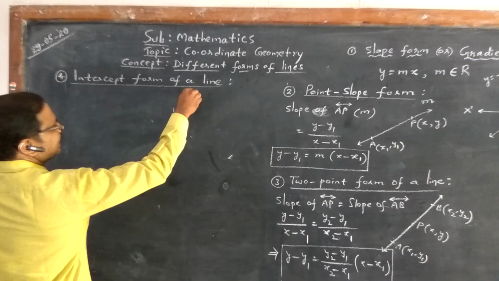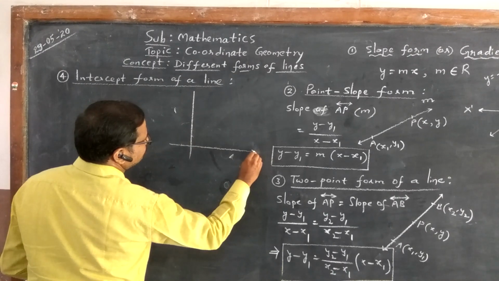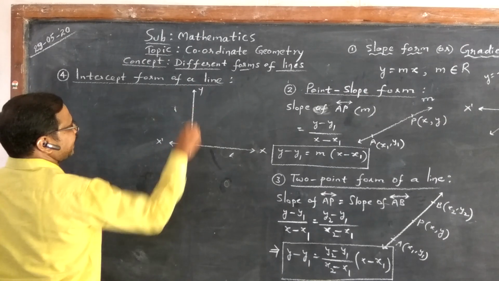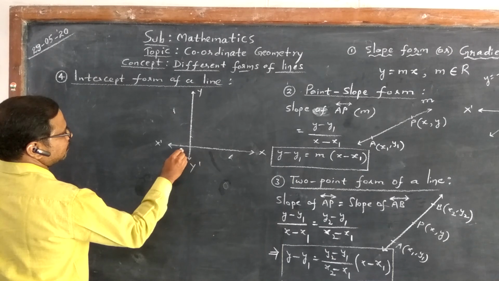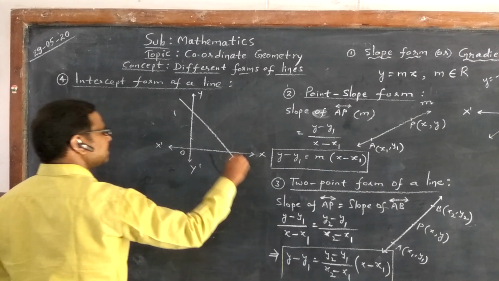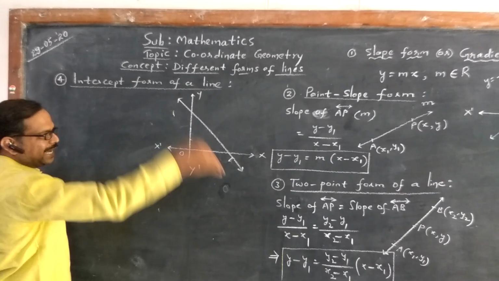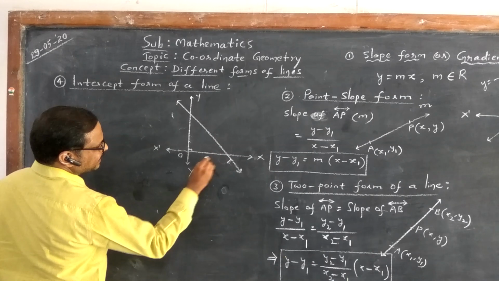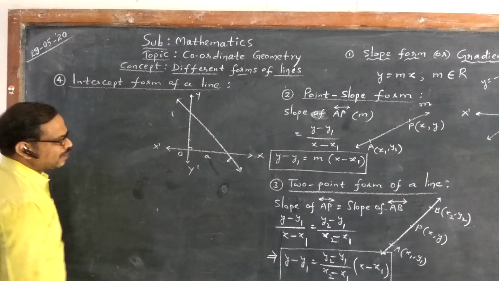So suppose I take like this: x dash, y dash, this is the origin. I will take one line like this. Now this line is making some distance here, this is the x-intercept. Let me take it as small a.